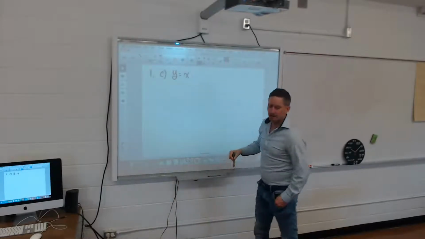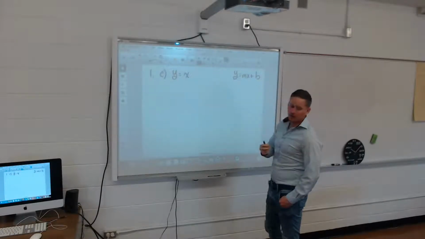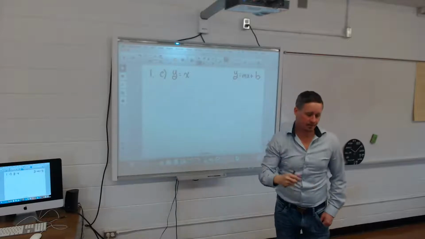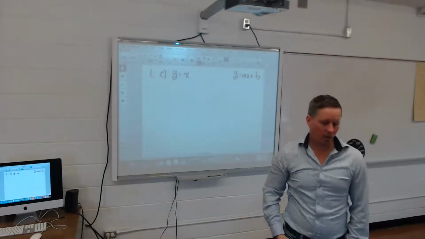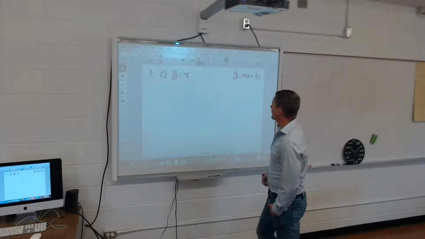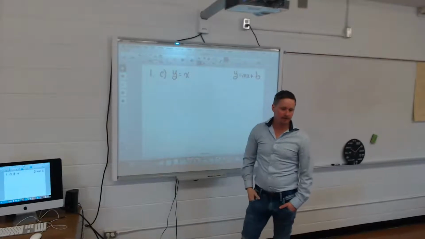Now remember, your general equation is y equals mx plus b, right? So this one says, what are the slope and the y-intercept? So what is my slope in this equation, y equals x?